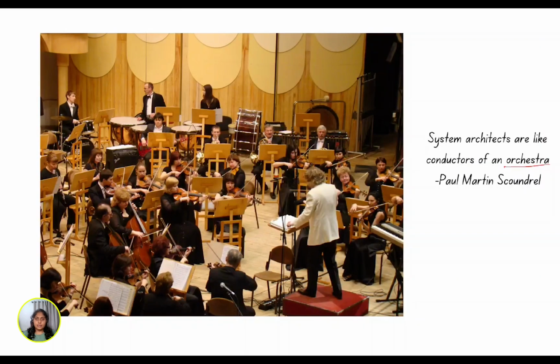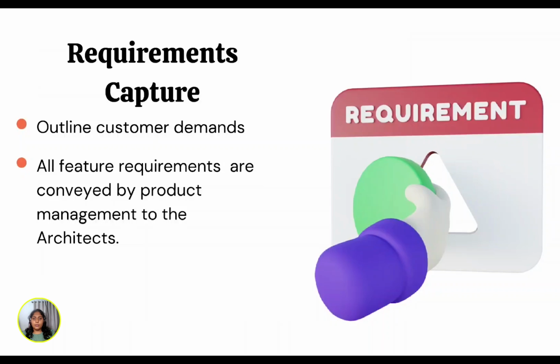The major tasks that are undertaken by a system architect in an SOC design project would be the requirements capture. They work with the product management to get the product requirements summary. Like in the smartphone case, all the customer requirements that the product would support would be given to the architects by the product team. Next is the product analysis.